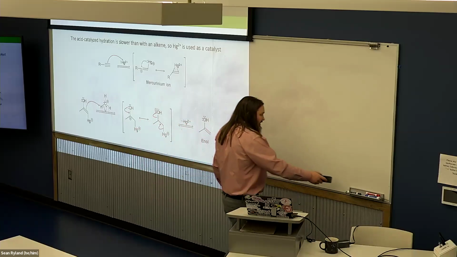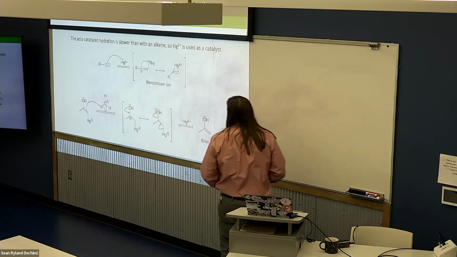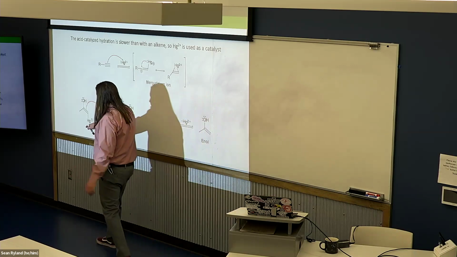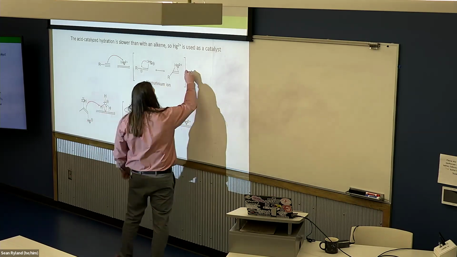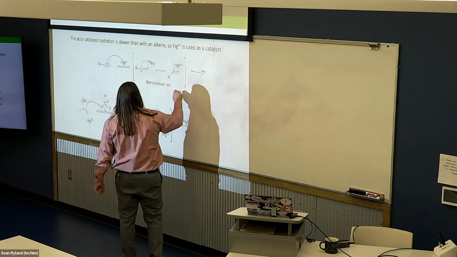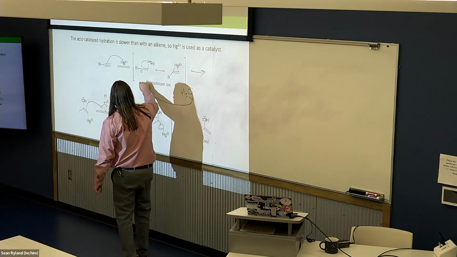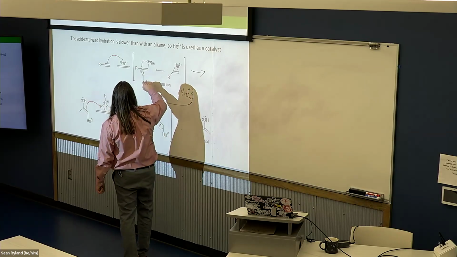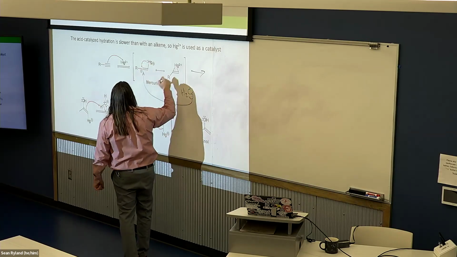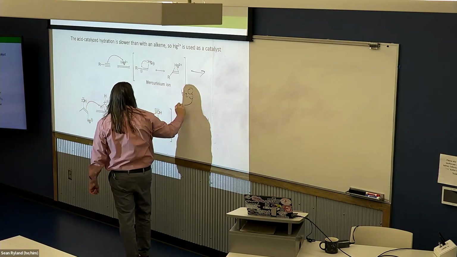And then once you do that, we get this intermediate. So our second step here was H2O comes in and attaches there. Let's draw it this way.